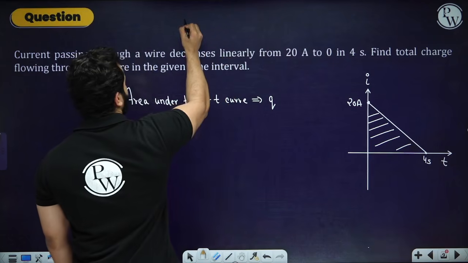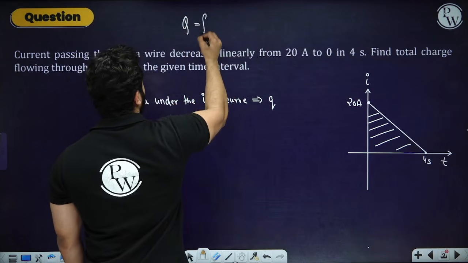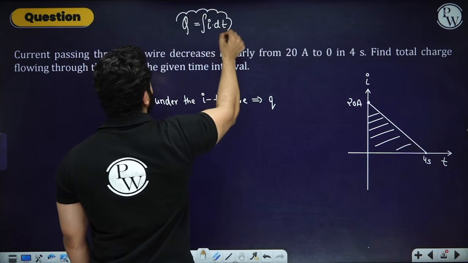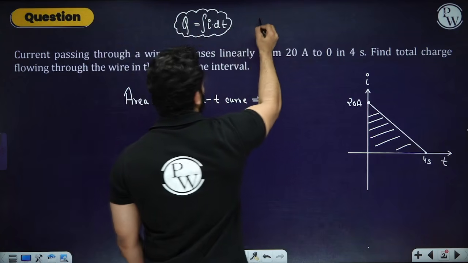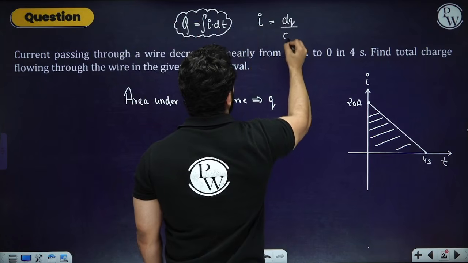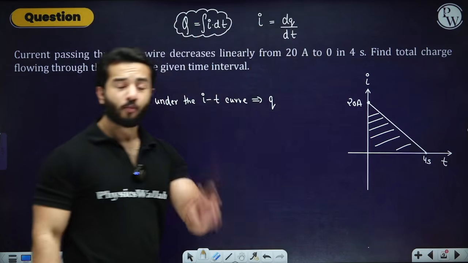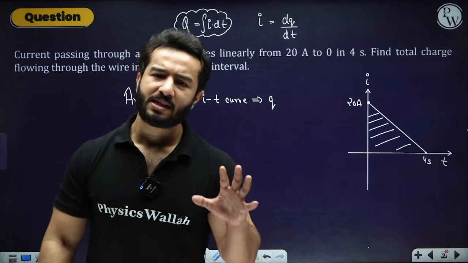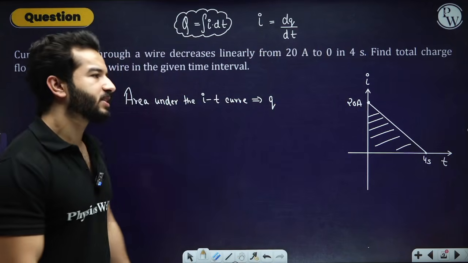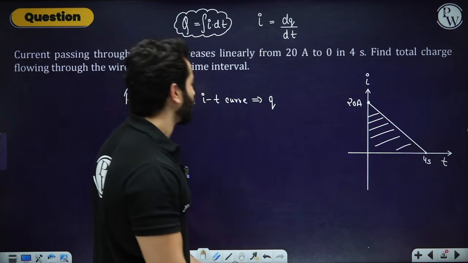Because charge is actually the integration of I dt. So integration means area under the curve, right? This would basically mean that if you have got the graph for charge and time, the slope will give you the current. Very easy peasy thing, doston. All of these things you have been studying since mathematical tools. So we are not talking about anything new.